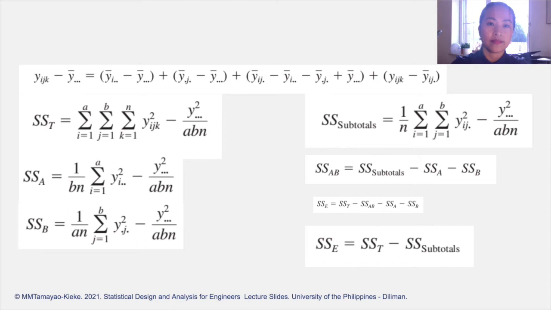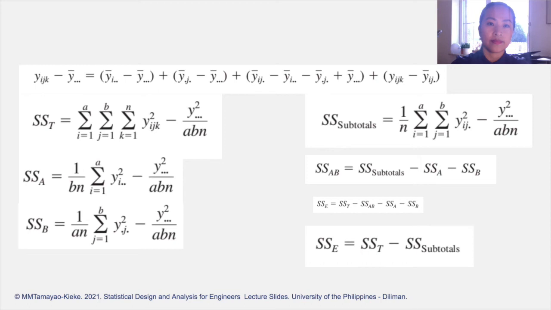And we can write it by using the means, and these parameters can actually be computed using a spreadsheet. Of course, you can also compute for the sum of squares by using column, row, and cell totals as shown here.